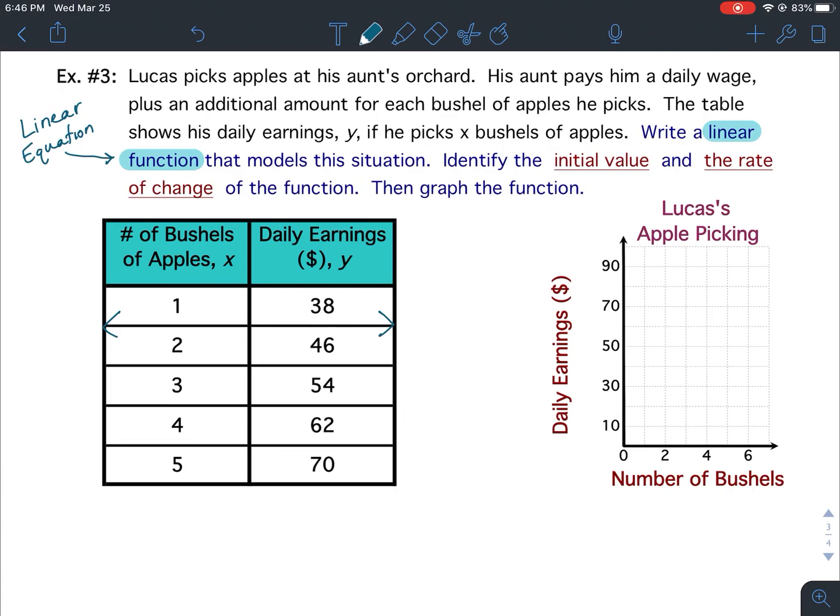So remember, we're going to subtract from the bottom up. 46 minus 38 is 8. 2 minus 1 is 1. So our slope is 8 over 1, which means our slope is 8.